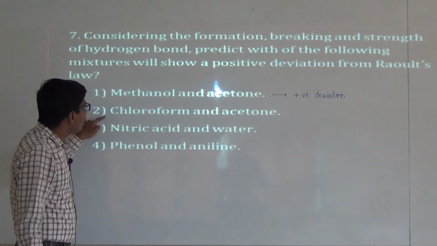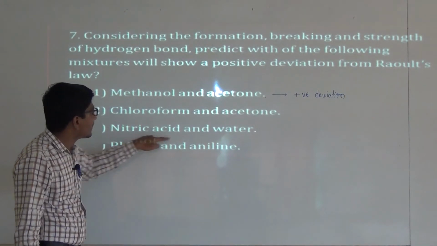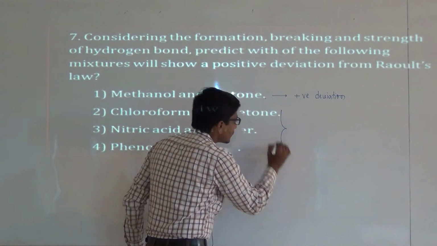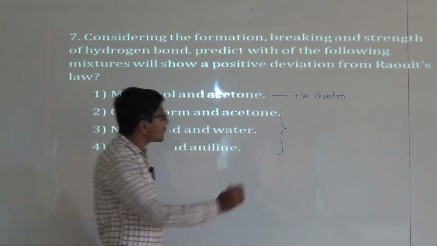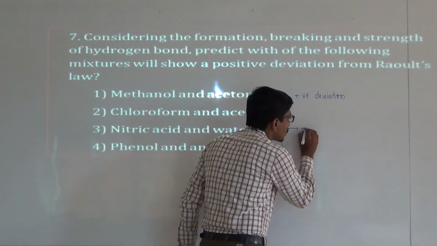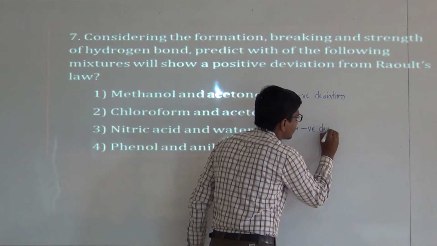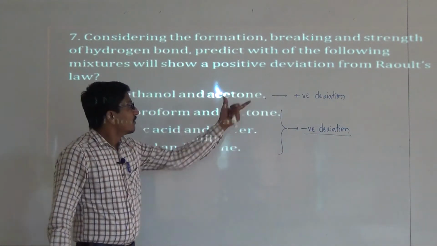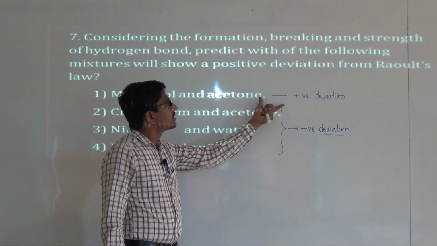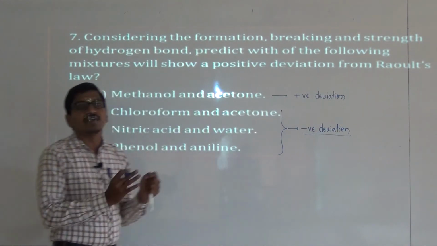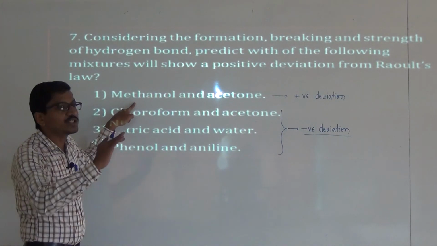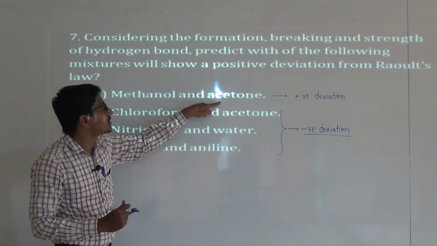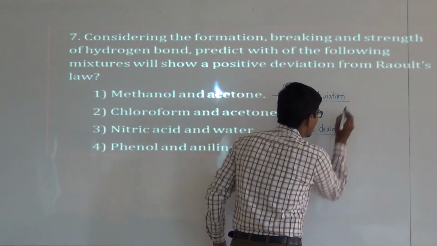And the second one is chloroform and acetone, the third one is nitric acid and water, and the fourth one is phenol and aniline. These three liquid pair mixtures are examples of solutions showing negative deviation. Here the hydrogen bond strength is more, whereas in the first case the hydrogen bond strength decreases and the intermolecular interactions are weaker, so the molecules easily escape from the liquid surface and the vapor pressure increases, and this shows positive deviation.